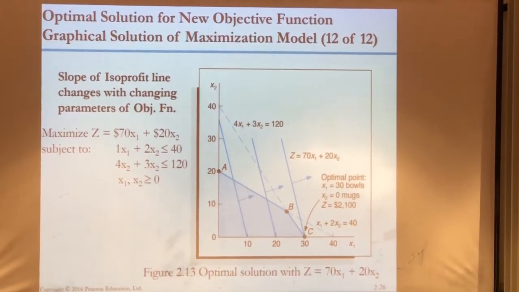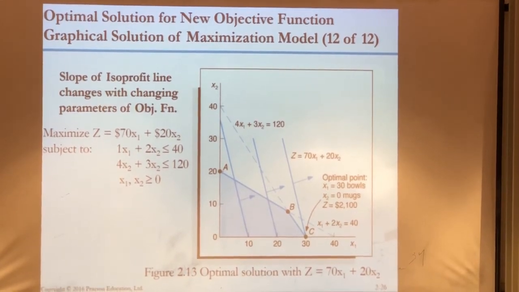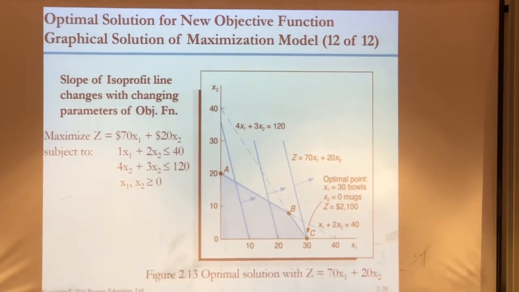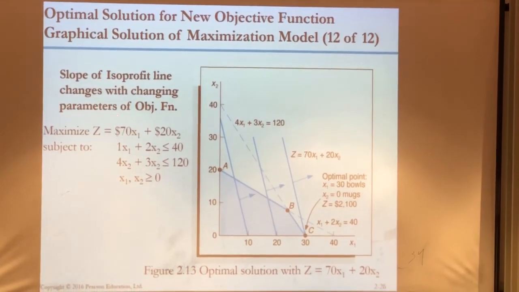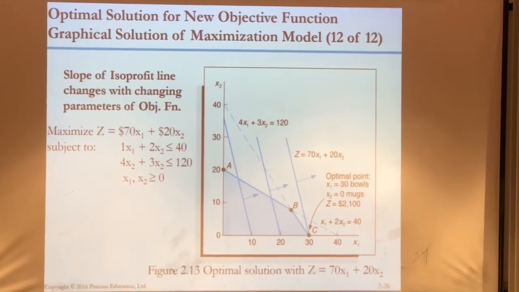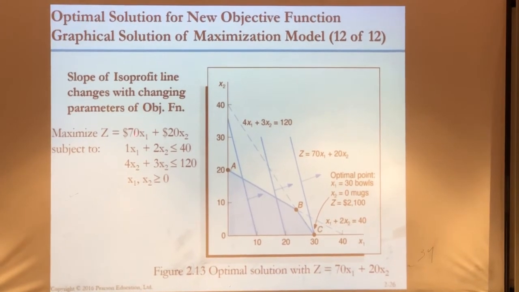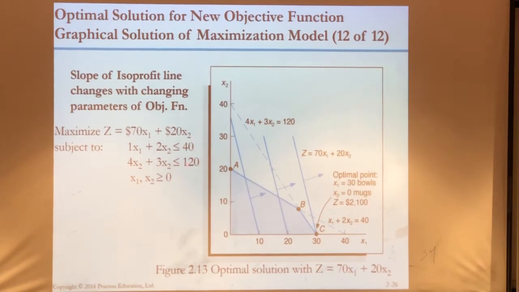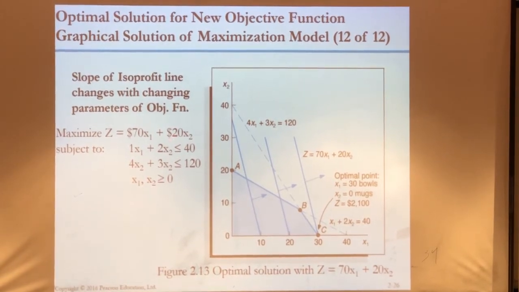Now, if you want to visualize the isoprofit line, you see over here, we have changed this parameter from, I think it was 40 to 70 now, okay, and this is also changed here, 20.